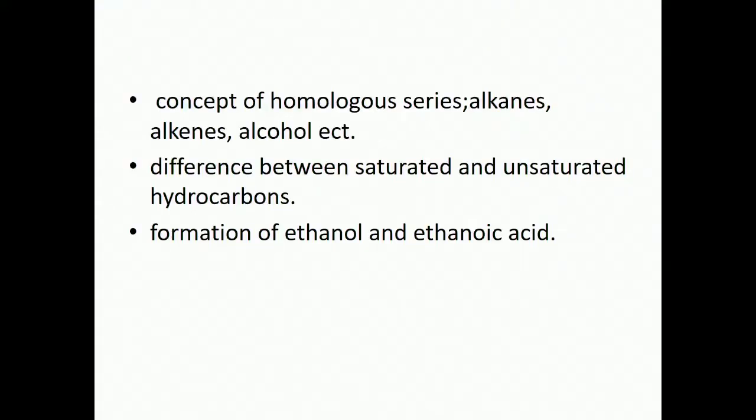And unsaturated hydrocarbon, we are talking about the alkenes. Why are they called unsaturated? It's because of the double bond that is found between two carbon atoms in the chain. Remember that double bond, no matter how many carbon atoms are there, is only found between two carbon atoms.